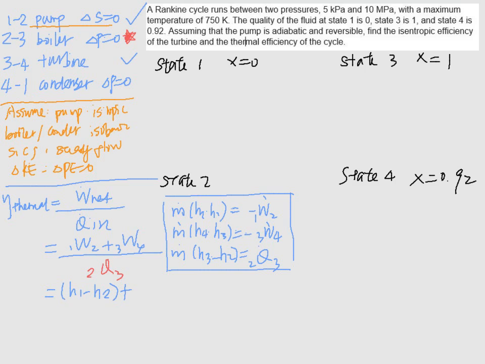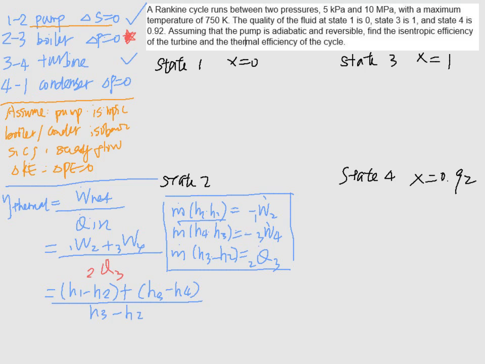So that's why it's H1 minus H2 instead of H2 minus H1 here. Same thing, so it's going to be H3 minus H4 over H3 minus H2. So now we simplify this problem from calculating a lot of stuff into just finding all the H's, so H1, 2, 3, and 4. If we can find all these values, then we're good with the thermal efficiency, right?